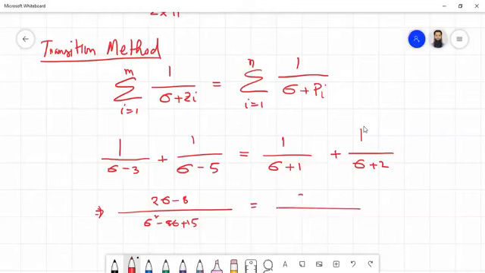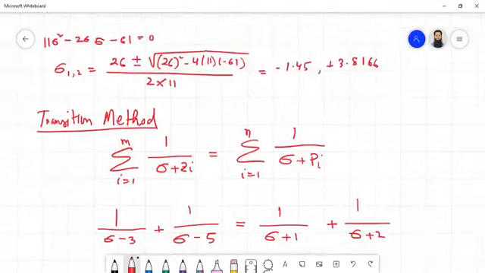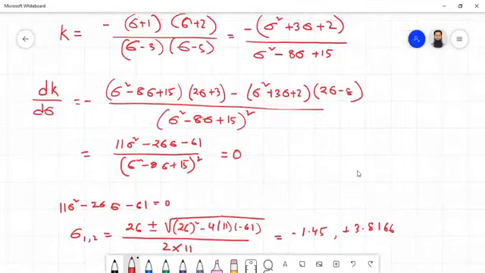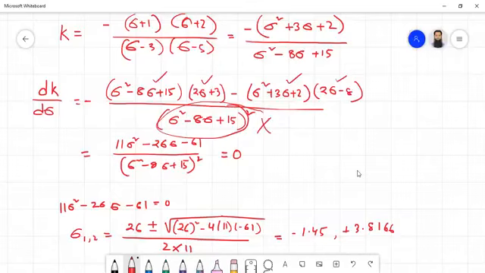Similarly, twice sigma plus 3 over sigma square plus 3 sigma plus 2. So if you now compare this equation with the one that we have above, we are just taking this parameter, this parameter, this parameter, and this parameter. So we are just omitting this parameter.